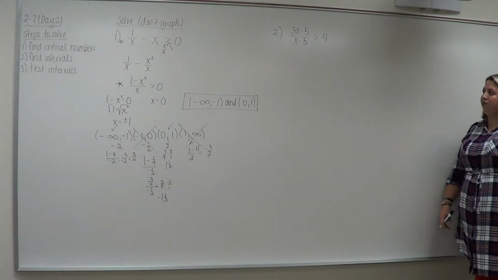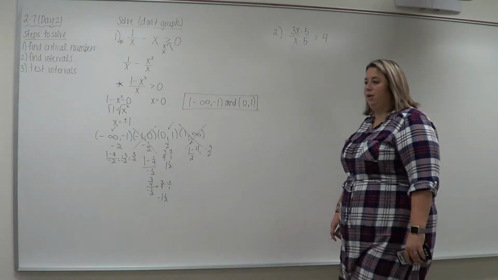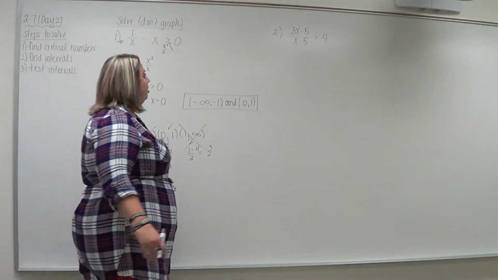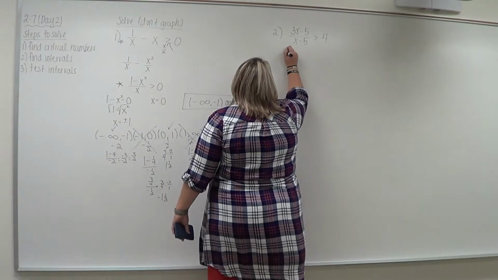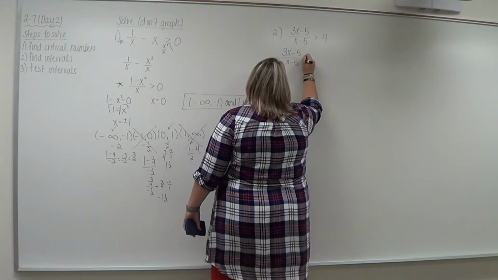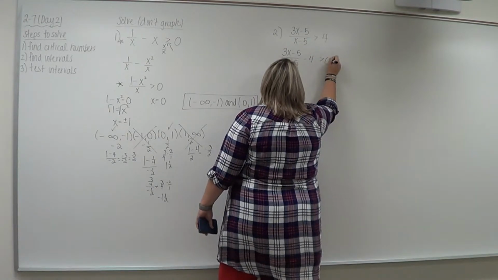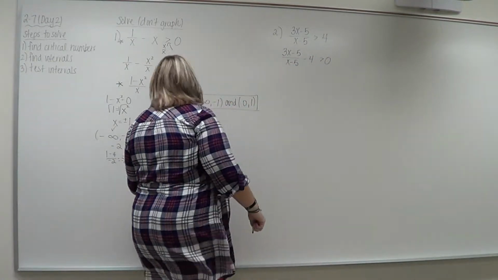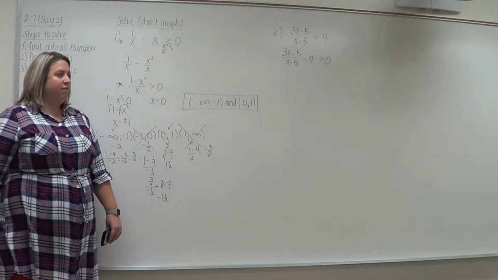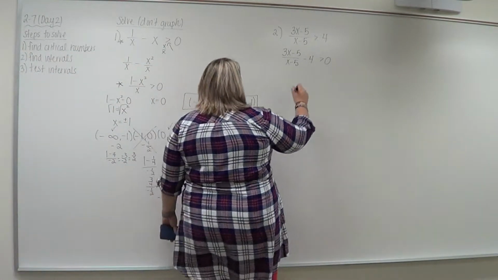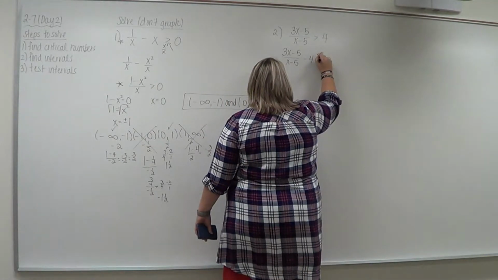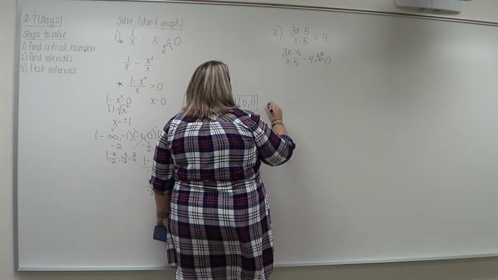Okay, first thing to do is get everything on the same side and then get a common fraction so that you can find your critical numbers. So I'm going to subtract 4, greater than 0. Then if I want to get a common denominator, I'm going to multiply this one by x minus 5. Do I need to multiply the first one by anything? No, because this would be like over 1.